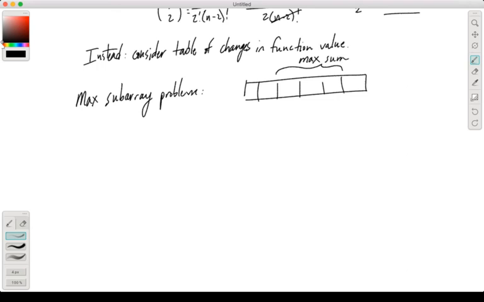In other words, if I added one more element and found that max subarray, then this sum would be less than the max sum.